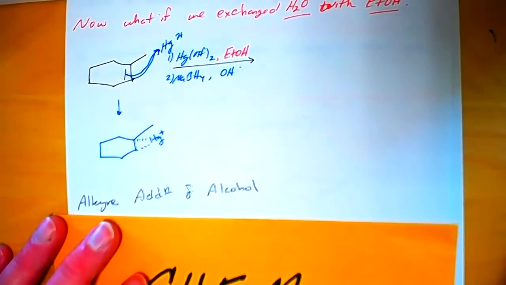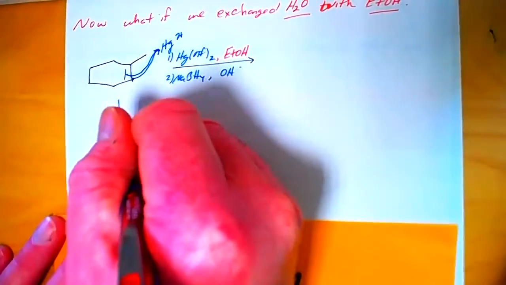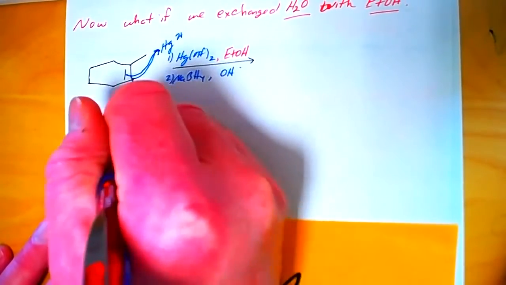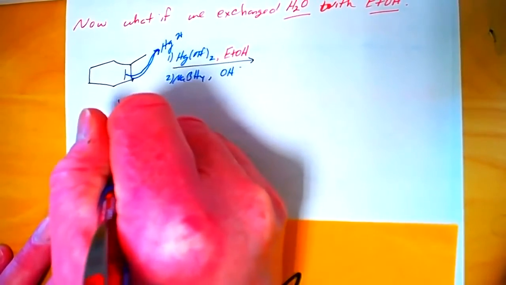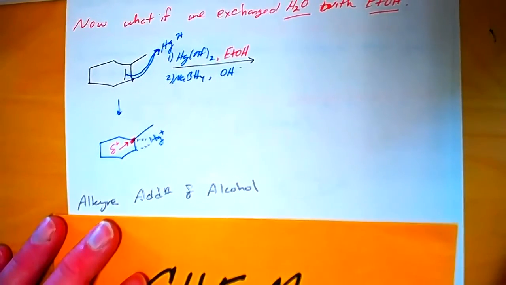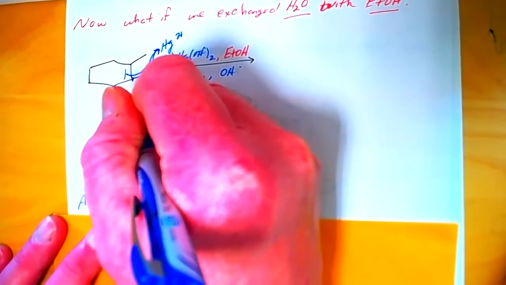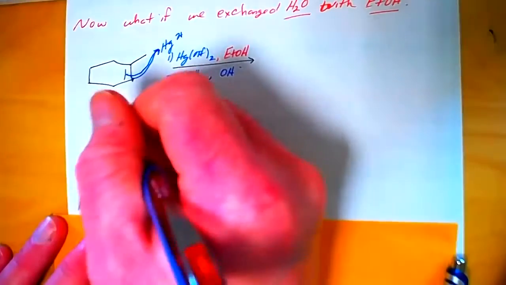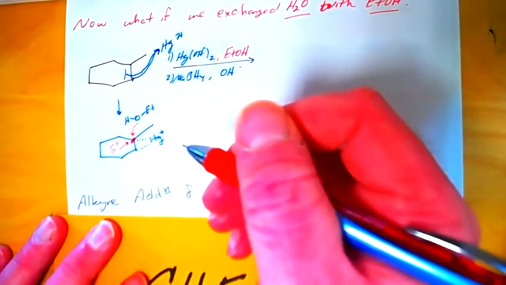The partial positive charge is most stabilized here at this carbon. So this is where we see our delta plus most stabilized. And so the alcohol, just like water, its lone pair on oxygen is attracted to that position.